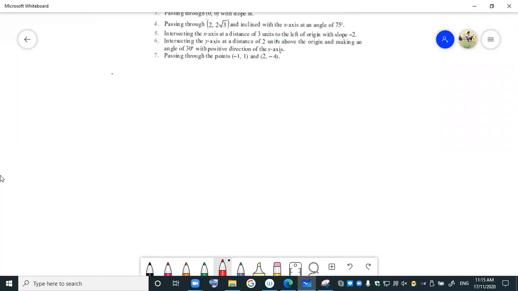Question number 6. Find the equation of line which is intersecting the y-axis at 2 units above the origin. That means above the origin. X-axis, y-axis.